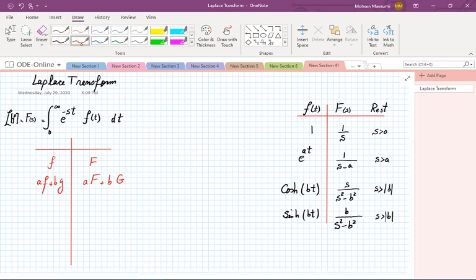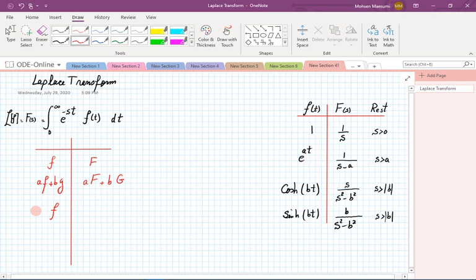Okay, one of the nice simple rules that we can add here is for f, a function whose Laplace transform we know, times one of our pet functions. The simplest of these is just the exponential.